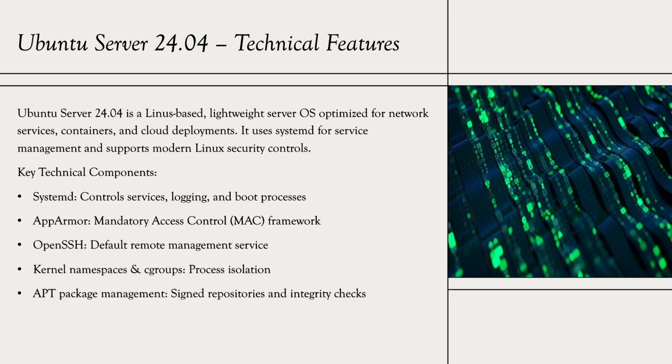AppArmor provides mandatory access control, and kernel features like namespaces and cgroups help isolate processes. Package management through APT ensures software integrity through signed repositories, which helps prevent unauthorized or malicious software from being installed.